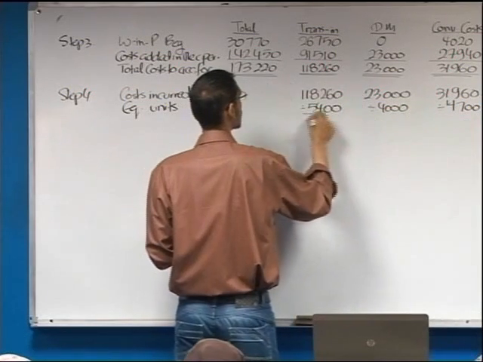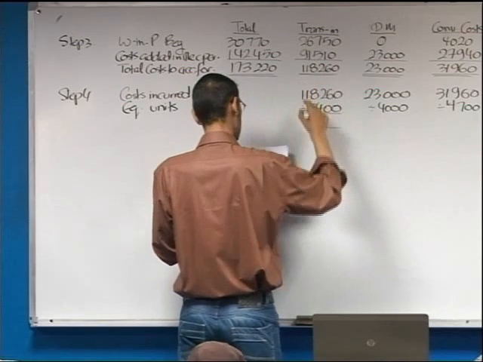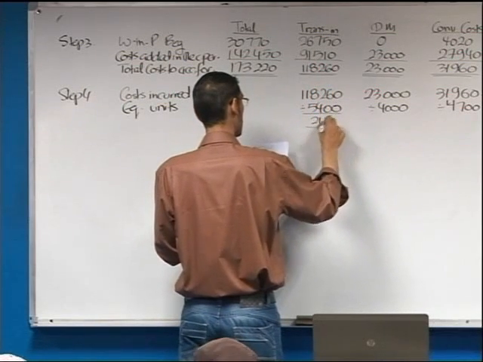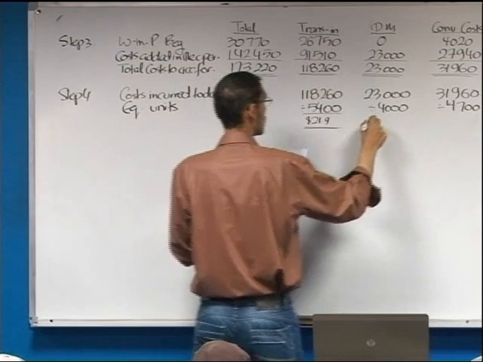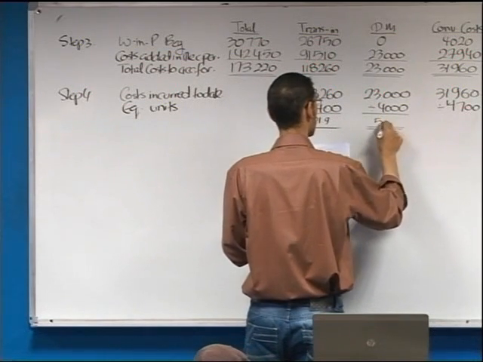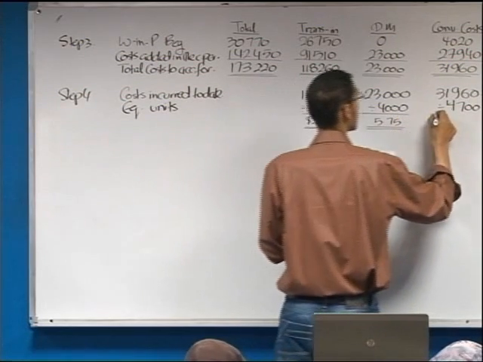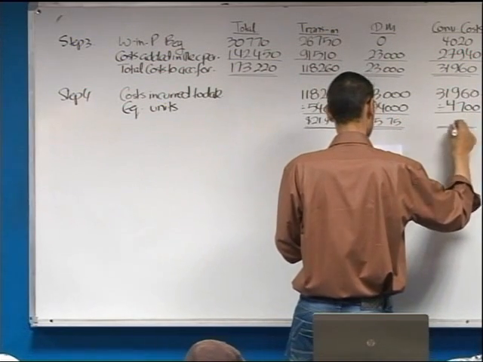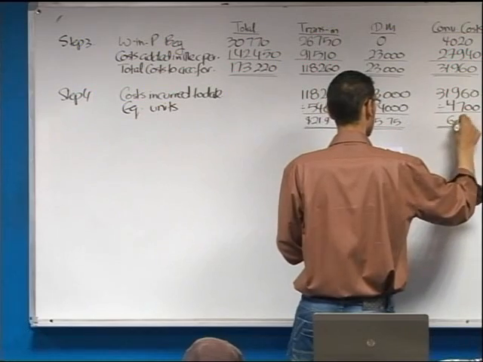The cost per equivalent unit for the transferred in cost is $21.9. For the direct materials, 5.75, and for the conversion cost, 6.8.